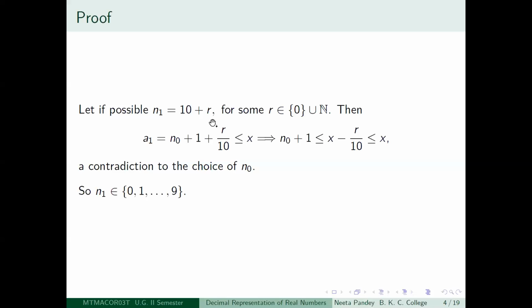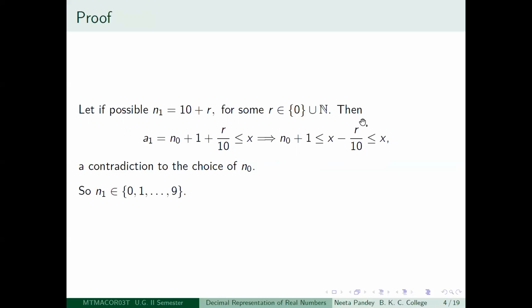So if this is true, then again recall what a1 was. A1 was equal to n0 plus n1 divided by 10. So that becomes n0 plus 1 plus r by 10. And we have already seen that a1 is less than or equal to x. Therefore, what follows is that n0 plus 1 is less than or equal to x minus r by 10.